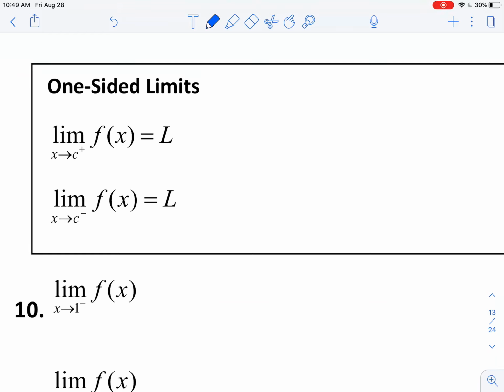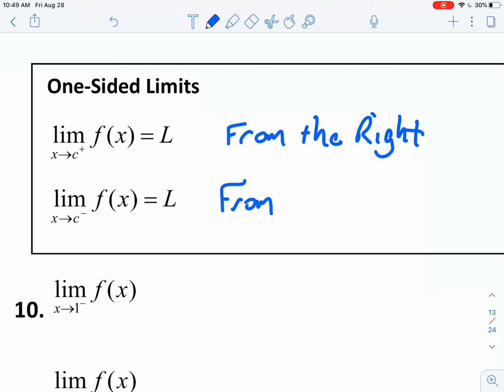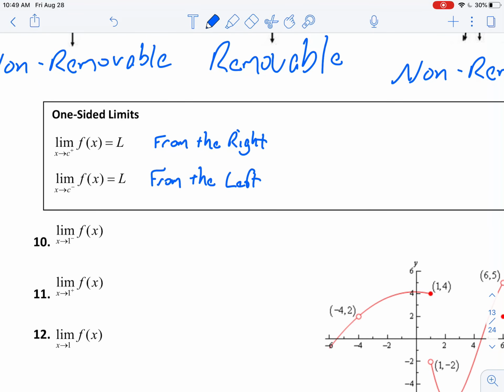So the plus sign means the limit as x approaches c from the right, because bigger or positive numbers are to the right of some number. And I think you guys can guess the little minus sign means from the left. So let me talk about what these are. One-sided limits can exist even though a limit does not exist.